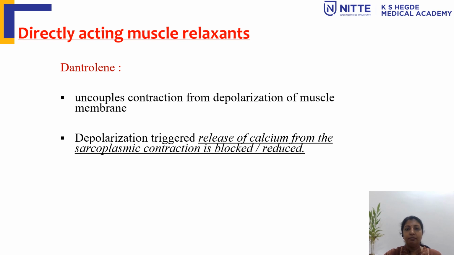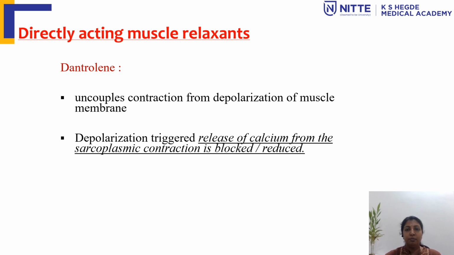If you remember the video of excitation contraction coupling, at the neuromuscular junction the acetylcholine stored in the vesicles of the axonal terminal is released into the synapse. In the synapse, it binds to the nicotinic receptor on the skeletal muscle, opening up the nicotinic receptor sodium channel.